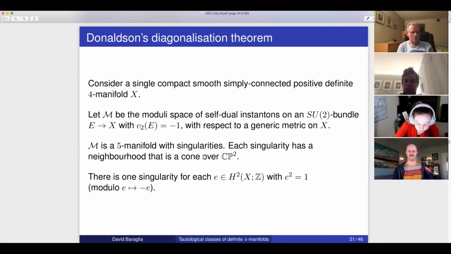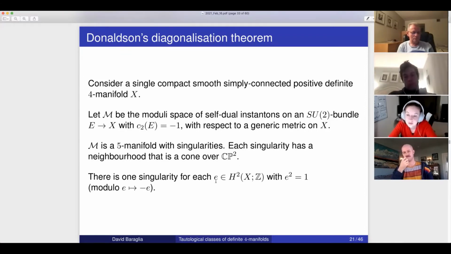The singularities look like cones over CP2, and you get a singularity for each reducible instanton, and the reducible instantons correspond to the classes in H2 that square to 1, considered modulo plus or minus 1.